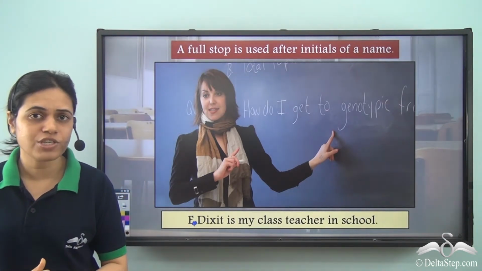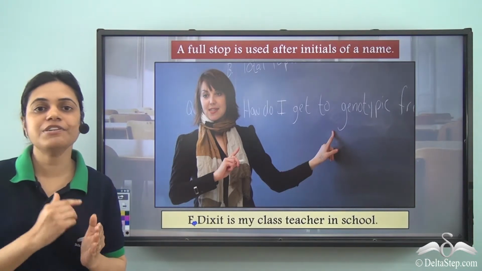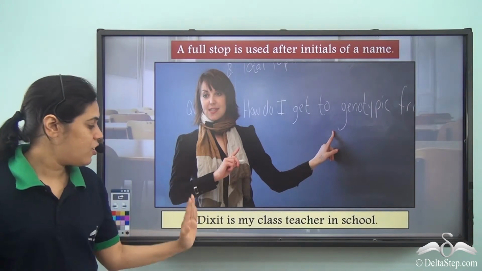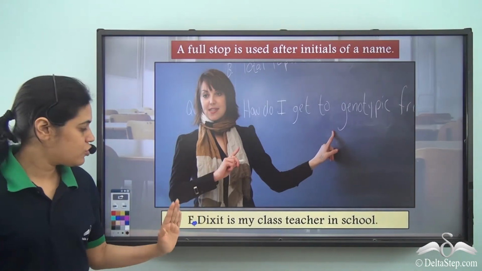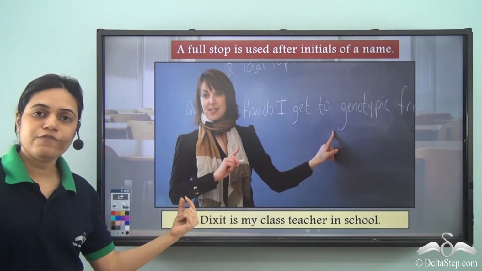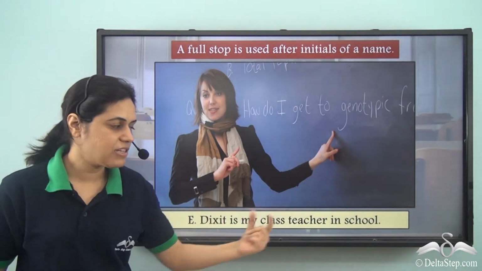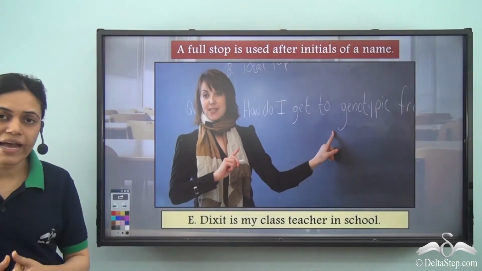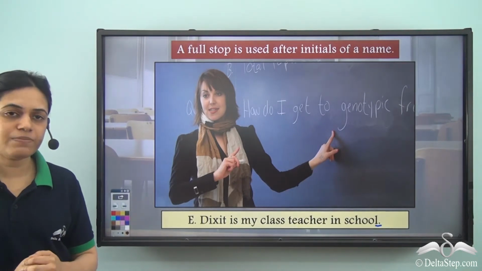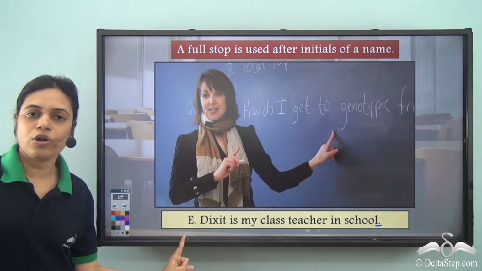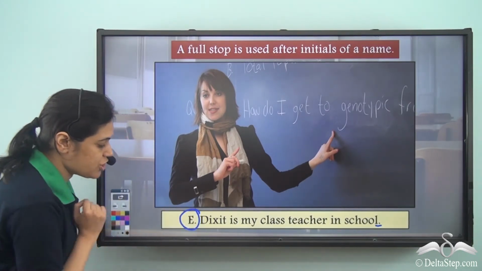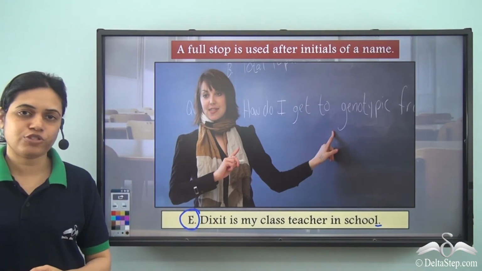What do we mean by initial? Initials are the first letters of the names. So E is only the first letter of the name of this teacher. So I need to put a full stop after E. E full stop. Dikshit is my class teacher in school. And we put this full stop because it marks the end of this statement. So after initials, I need to give a full stop.